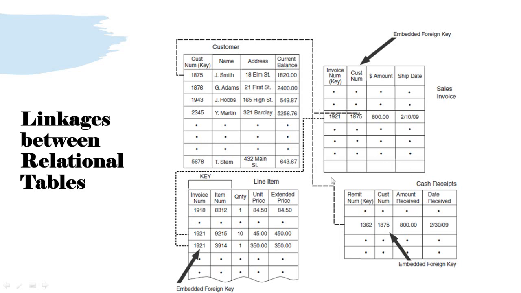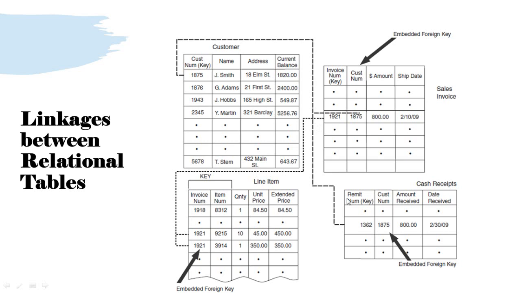And then in the sales invoice we see here the amount and the ship date, and then the amount is the same as the amount received at the cash receipt, and then something like this. The linkage is represented by the arrow here.